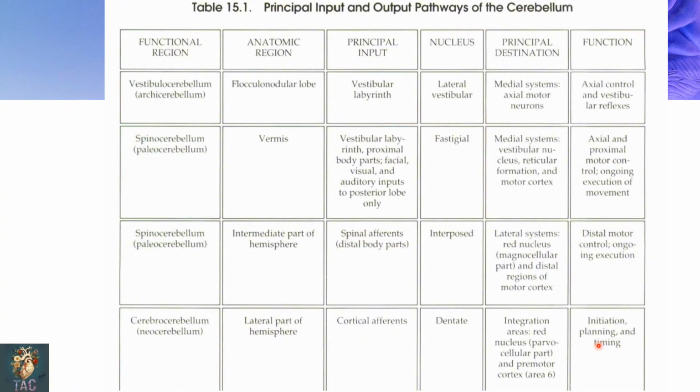So remember the input and the output of the cerebellum. This is very important. It is receiving input from the cortico-ponto-cerebellar pathway about the motor activity of the cortex. Also it is receiving input from the spinocerebellar system about the different control of the body, about the tone of the muscles.